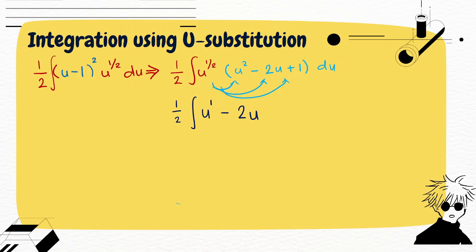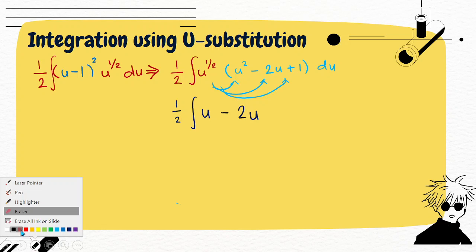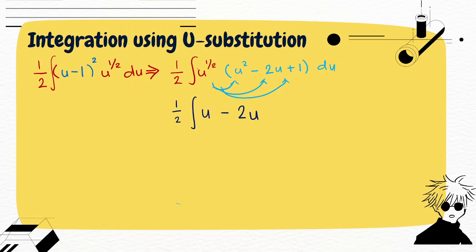Kasi di ba pag magmumultiply ng term ina-add yung exponent, so 1/2 plus 2 is 5 over 2. 1/2 plus 1 is 3 over 2. Plus u raised to 1/2. Okay? So, pwede ko nang i-solve yan.